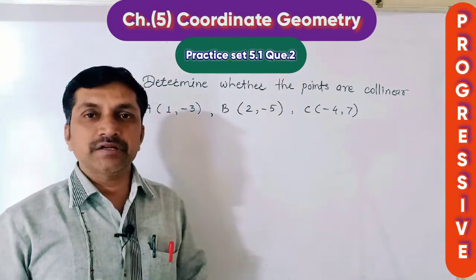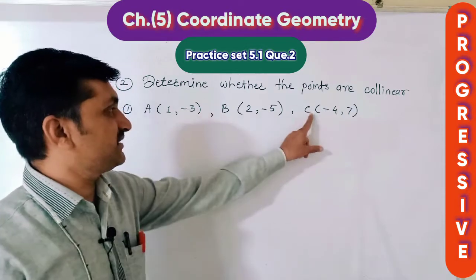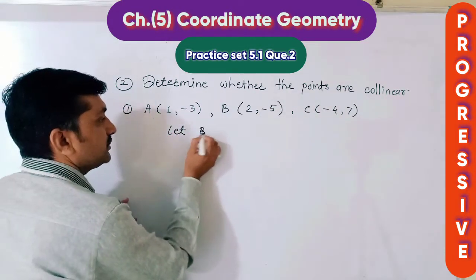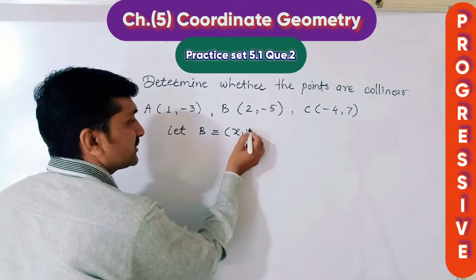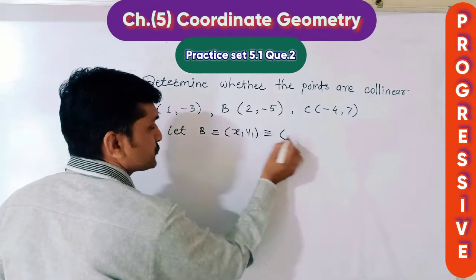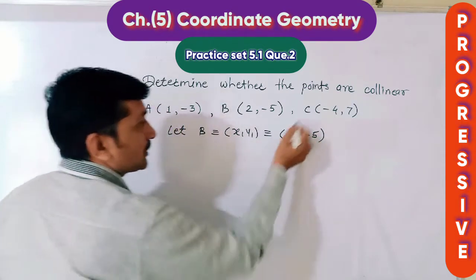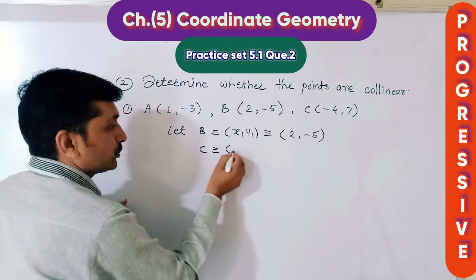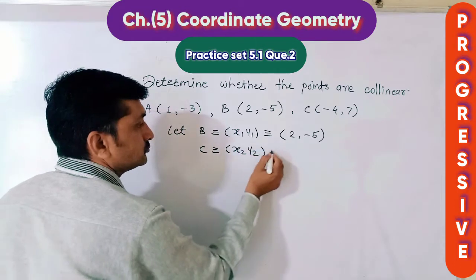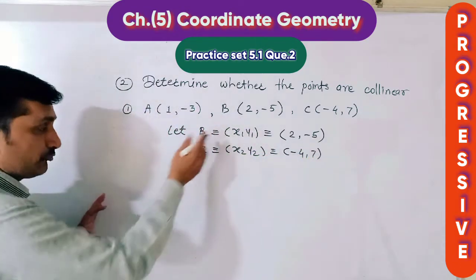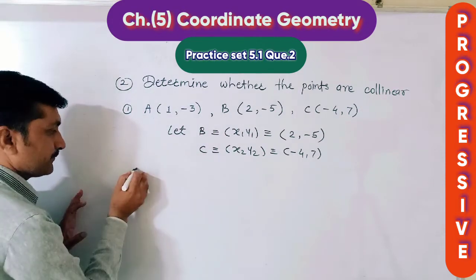Now after getting distance AB, find distance BC. Let's continue. Let B be x1, y1, same formula, only the coordinates are changed. B, x1, y1 is 2, minus 5. C, x2, y2 is equal to minus 4, 7. Now find distance BC.